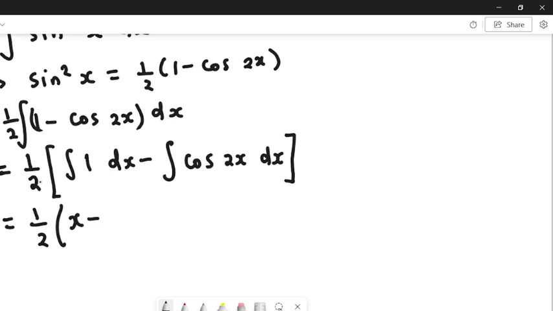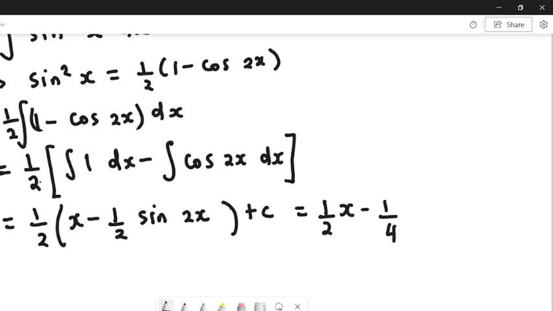Remember previously, if you integrate cos 2x, you're going to get a half sine 2x. So here we're going to get a half, like we have shown when we began this video, a half sine 2x, and then plus c. So if you expand, you get a half x minus a quarter sine 2x, then plus c.